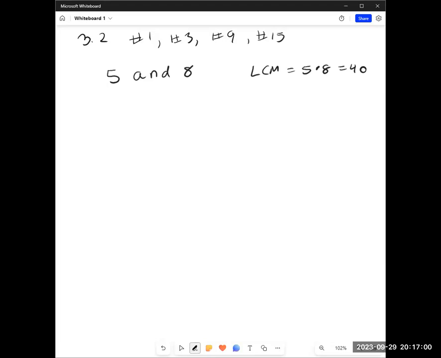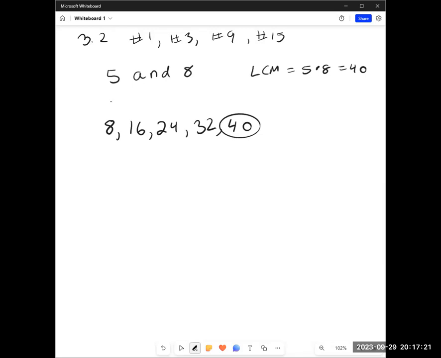So let's choose the bigger number here, 8, and find its multiples and stop once we find a number that's also a multiple of 5. So 8, 16, 24, 32, 40. I can stop because 40 is a multiple of 5.